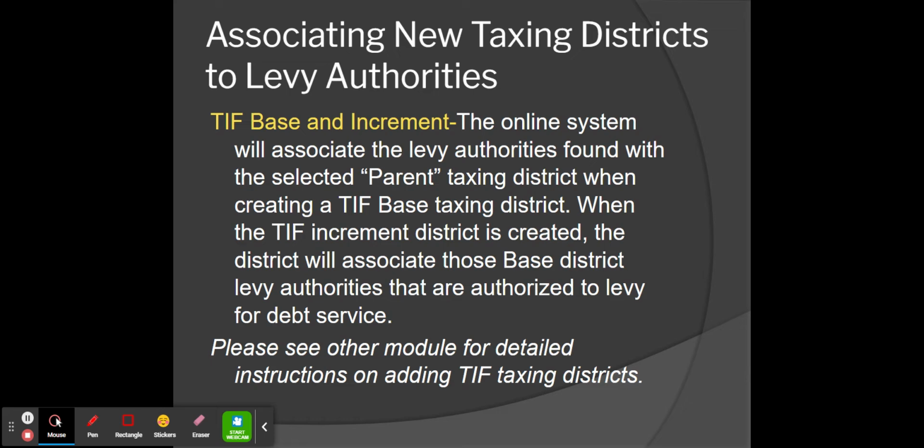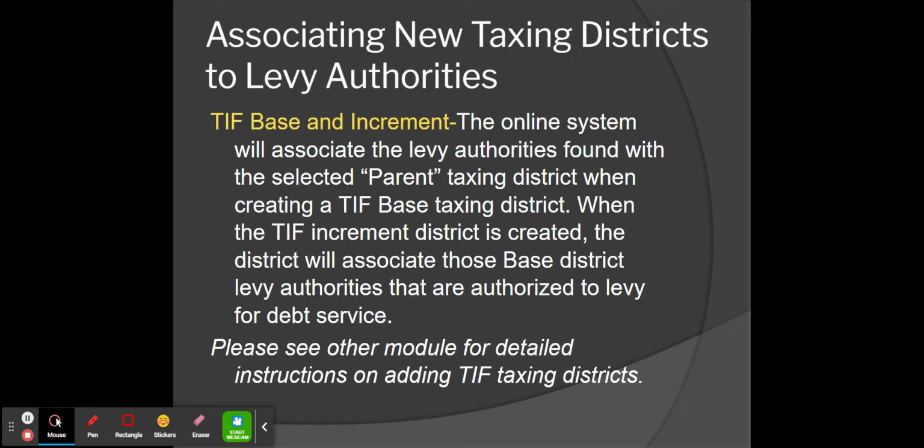So when you're in the system and you have to create a TIF base district, it's going to ask you for the parent of that district. Just meaning, where is this happening? What existing taxing district that you already have is where this TIF is happening.